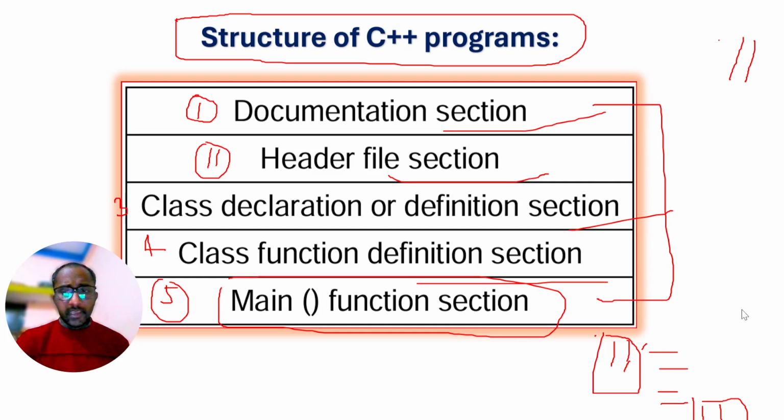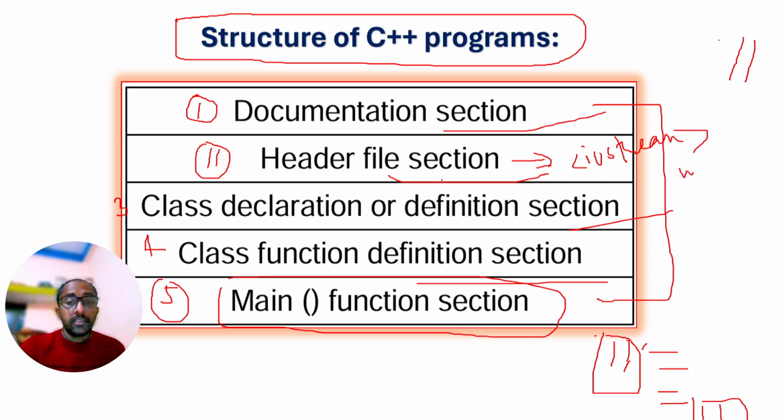Header files section. The second section includes various header files required. As per your requirements, you can include header files to use the objects available in the C++ program, just like the iostream header file.